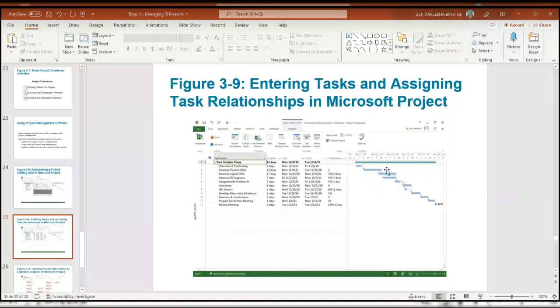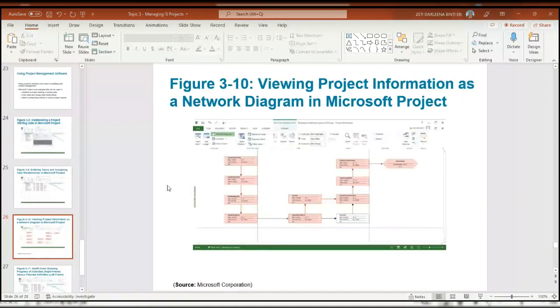Okay, so dia akan ada arrow sekiranya ada dia punya define relationship dekat sini. So dia automatically akan ada arrow kat sini follow. Hopefully kita ada peluang tengok nantilah. Ini secara pengenalan saja baru. This is what we call sebagai network diagram in Microsoft Project.